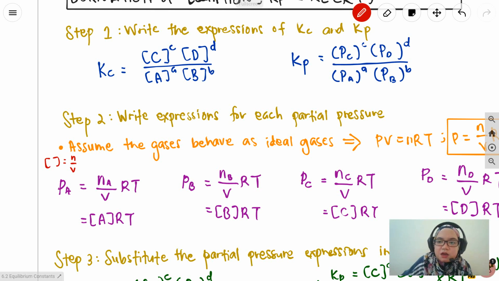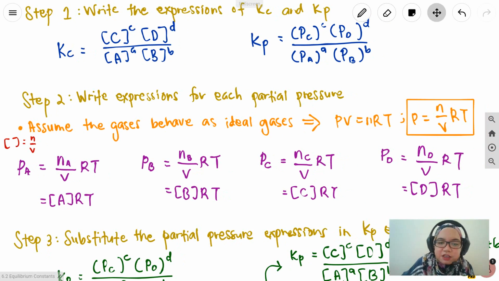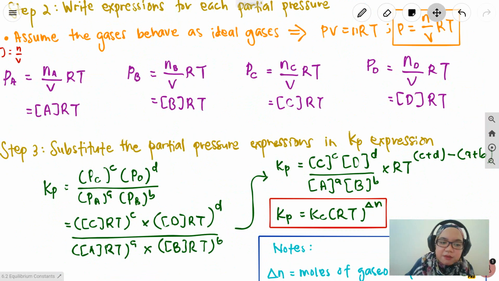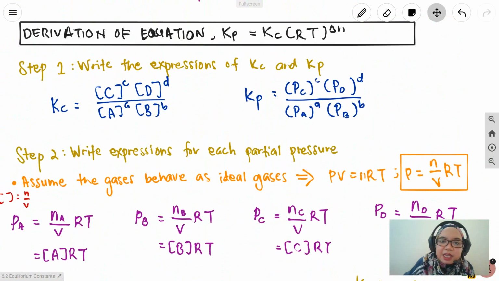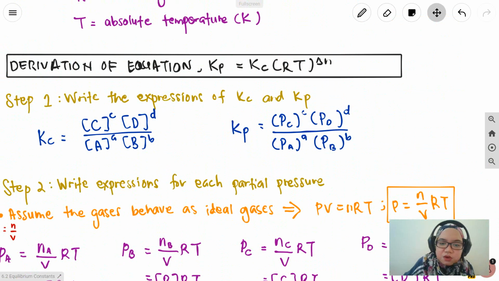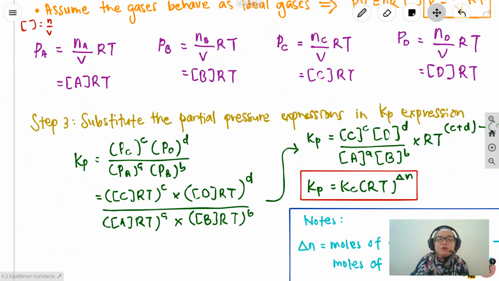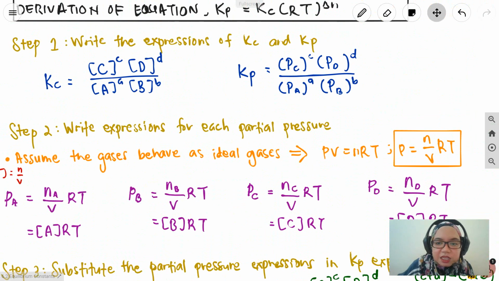Okay, so now after we write the expression for each partial pressure, the next step is to substitute the partial pressure expressions into the Kp expression. So we know that Kp is equal to partial pressure C to the power of c times partial pressure D to the power of d over partial pressure A to the power of a times partial pressure B to the power of b.